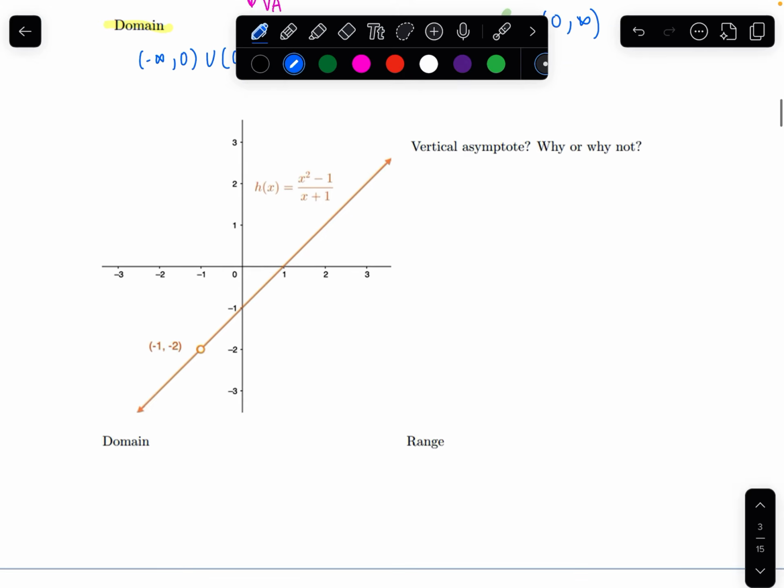For this last one, does the graph have a vertical asymptote? We do have a hole in the graph, so we do have a value that's not in the domain, -1.